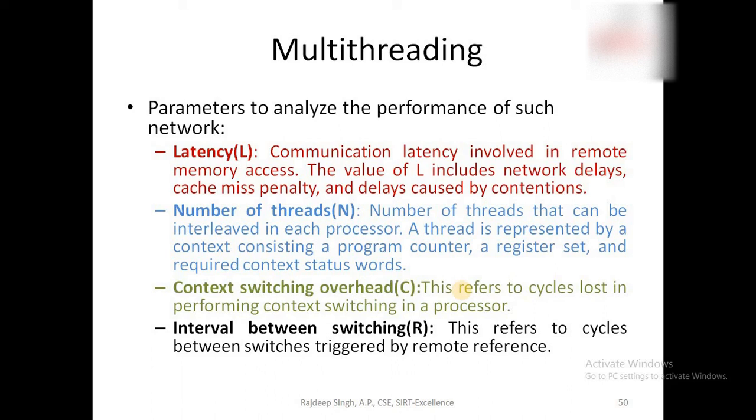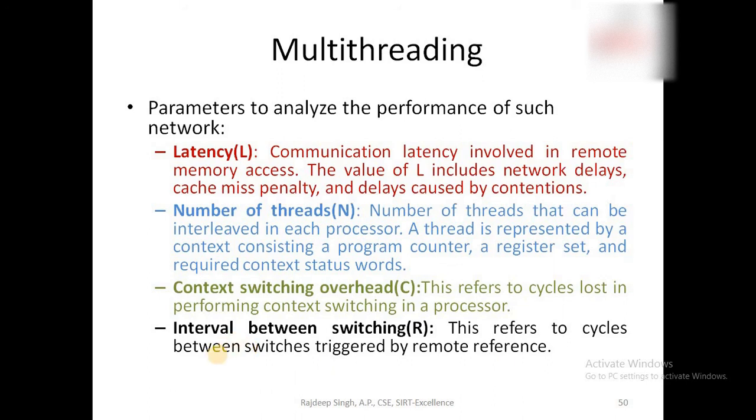Whenever one thread is suspended and another thread is introduced to the processor, all the values are stored, for example the program counter, in a small database, and then the new thread is introduced to the processor. The cycles lost in this transition are called the context switching overhead, and the interval between switches is the cycles between switches triggered by a remote reference.